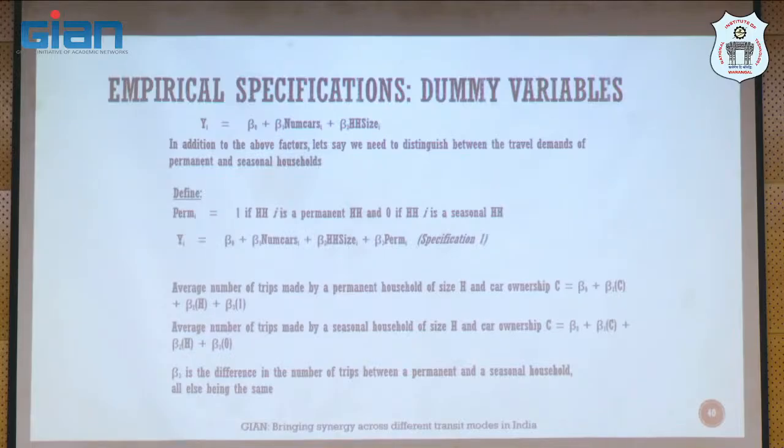Okay, it is the difference. So if everything else is the same, beta 3 represents the difference between a permanent household and a seasonal household with the same number of cars and the same number of people in the household. That's how you interpret beta.